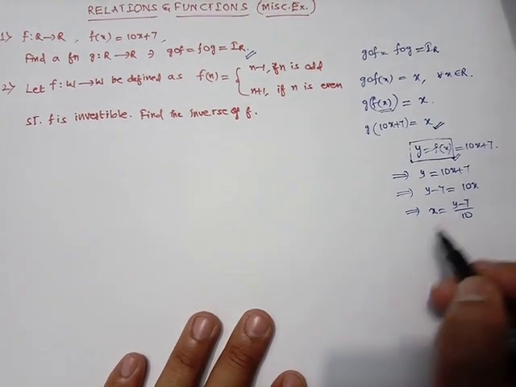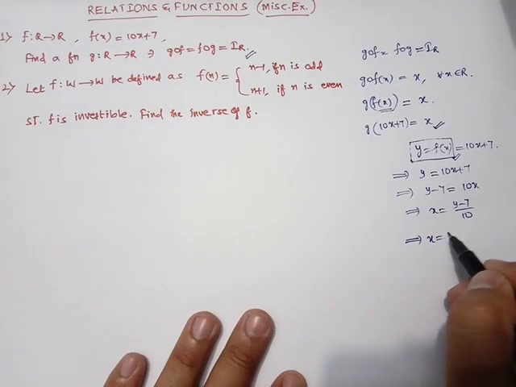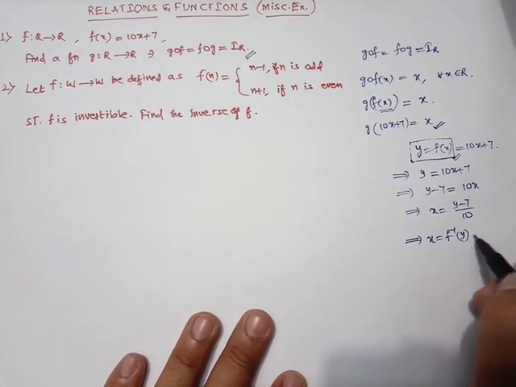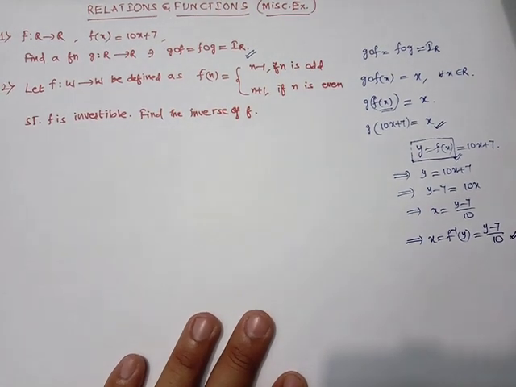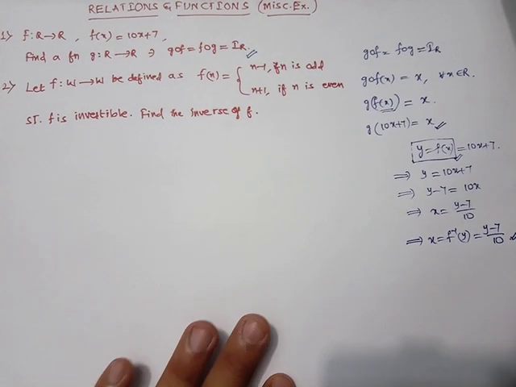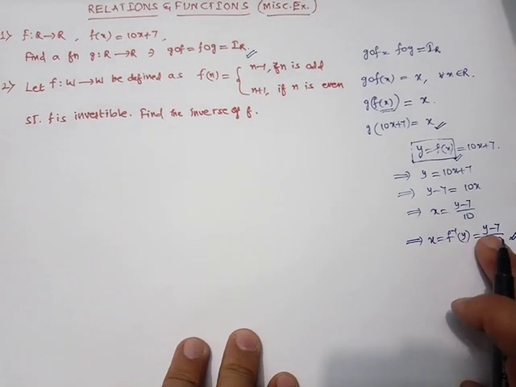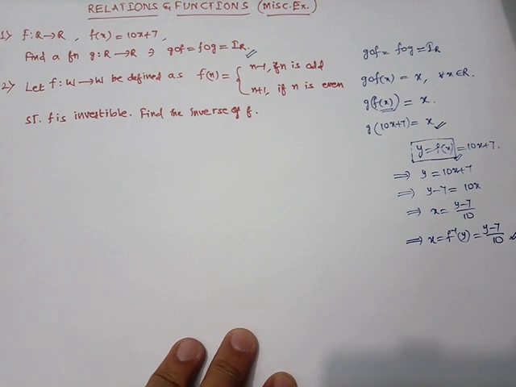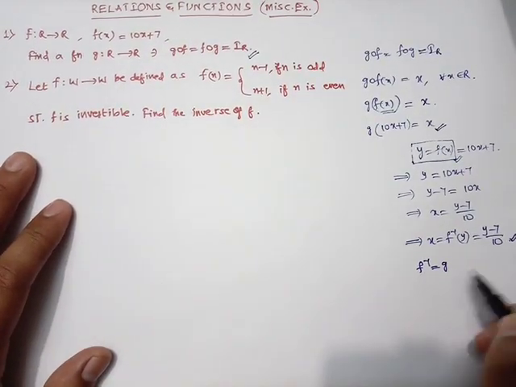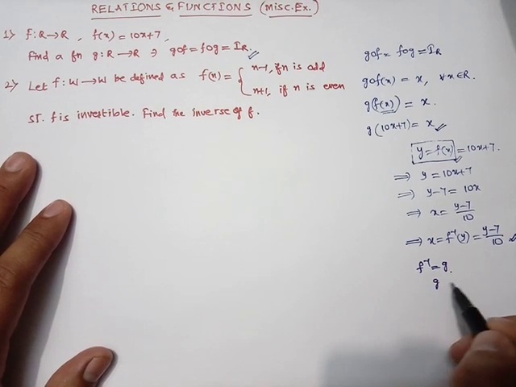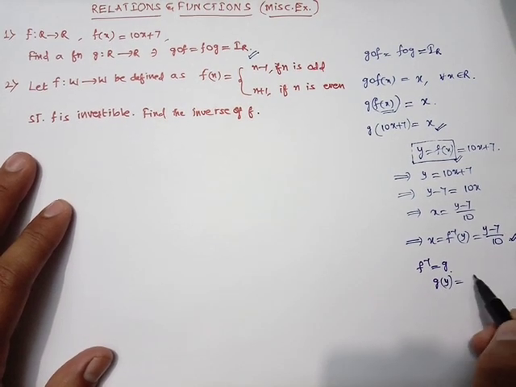So x = f inverse of y = (y - 7)/10. Now f inverse is nothing but g. So g(y) = (y - 7)/10.